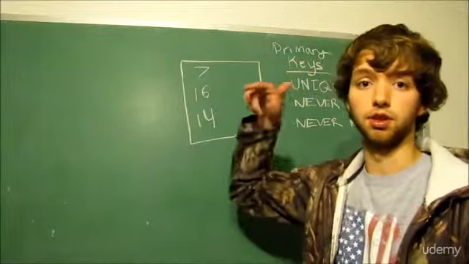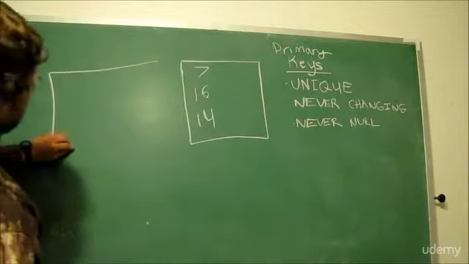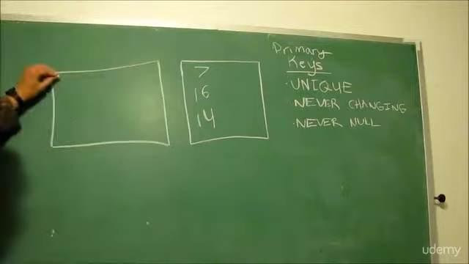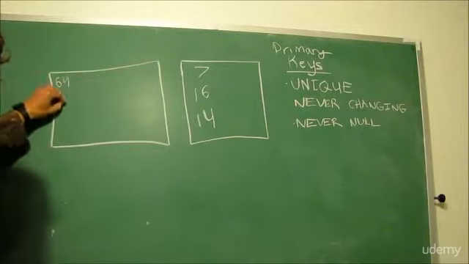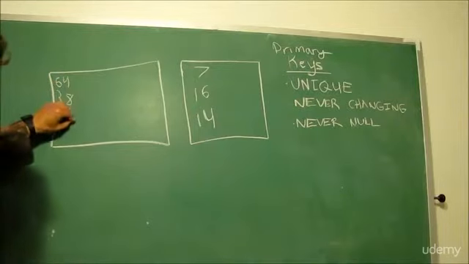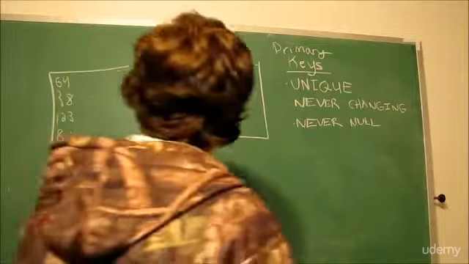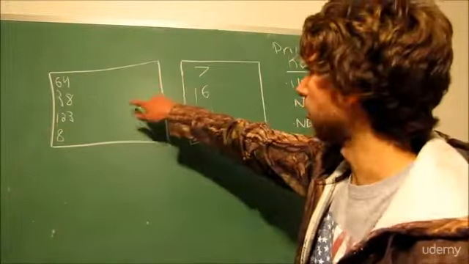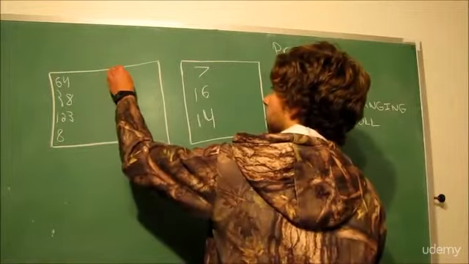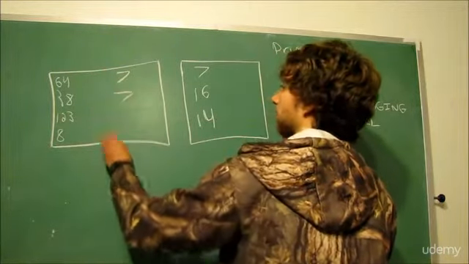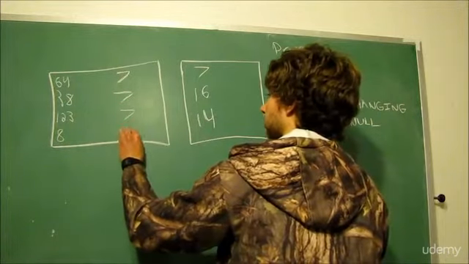Now, let's say this is the class table, right? And we have the class ID, so the class ID would be like 64, 38, 123. It doesn't really matter what number they are, and 8, right? And now we're going to have a reference to the building ID. So let's say we have 7, 7, 7, 14, right?